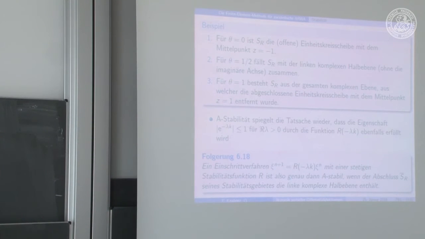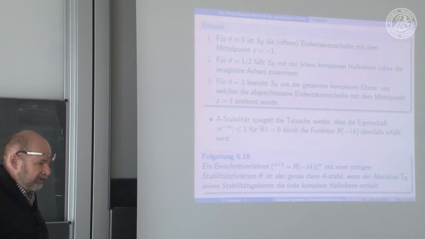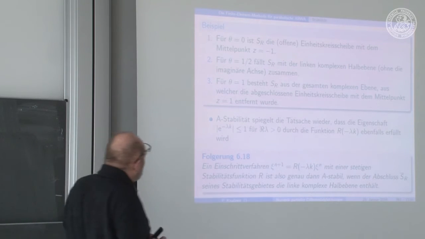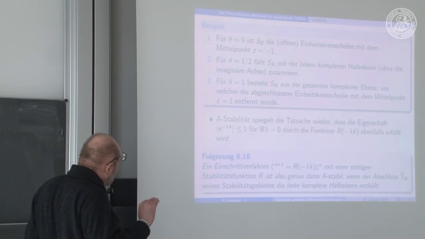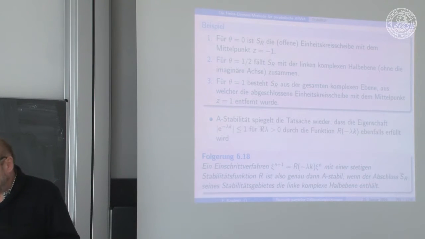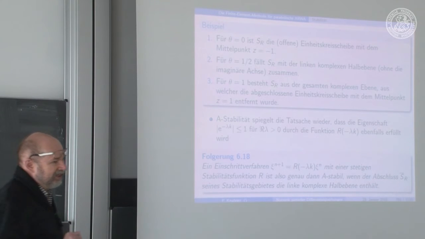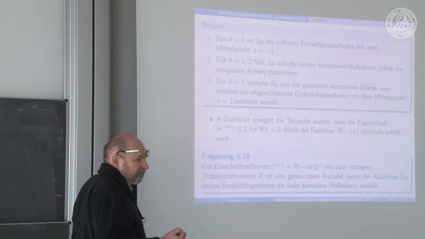There is an acceleration factor less than 1 for components which actually should not be damped if we apply this method. So there are also problems with the implicit Euler method, in the sense that it might be too good, too smoothing.